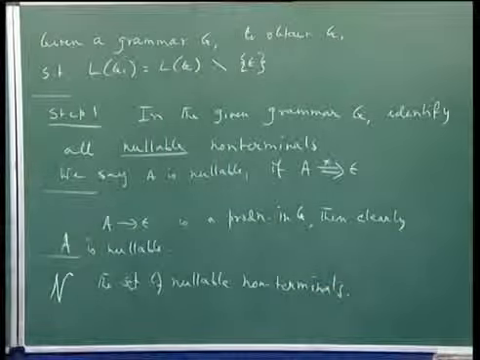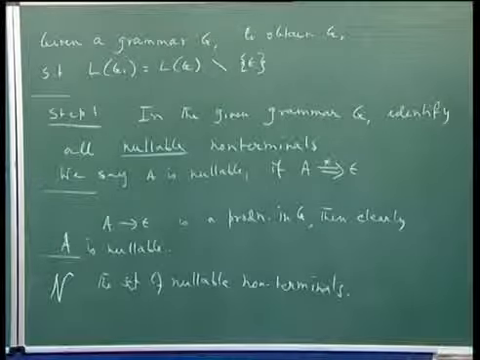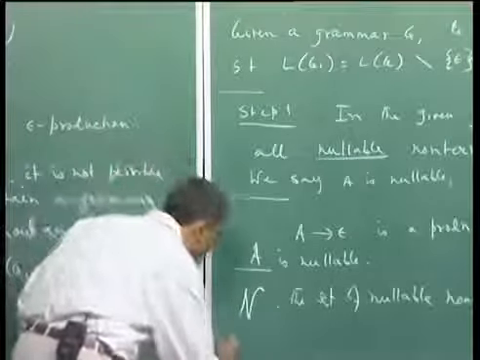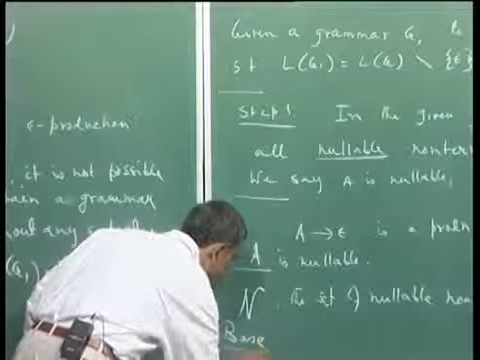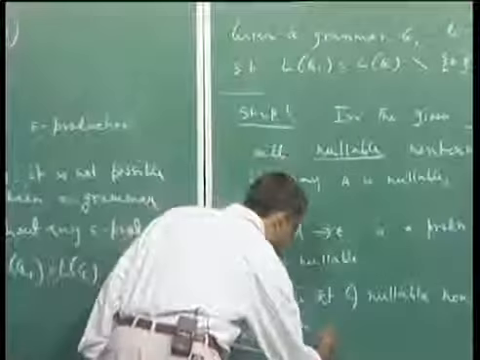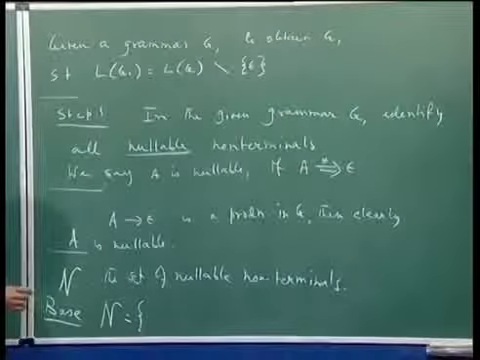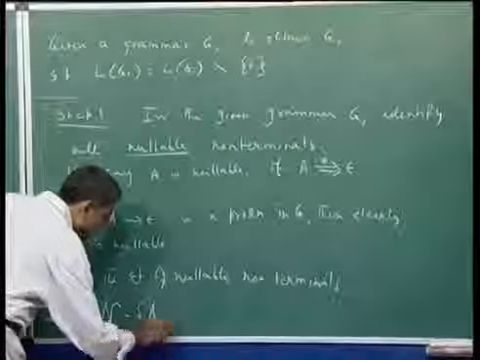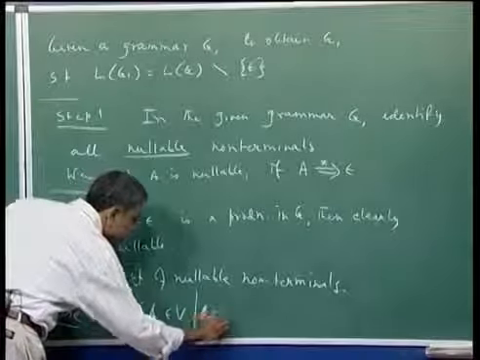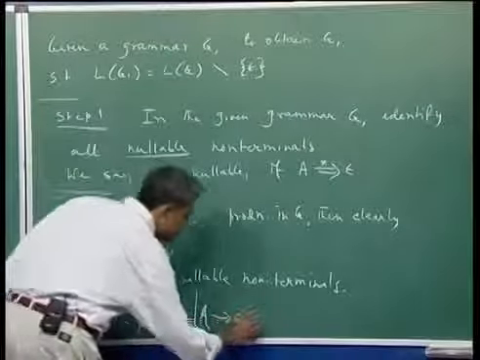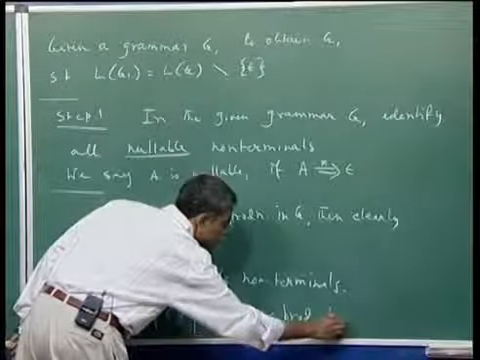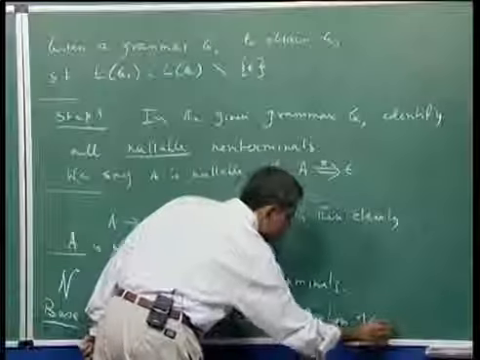As we have done in some other cases previously, we will define this set script N inductively, and the base is that this N consists initially of the set of all non-terminals A in V such that A goes to epsilon is a production of G.